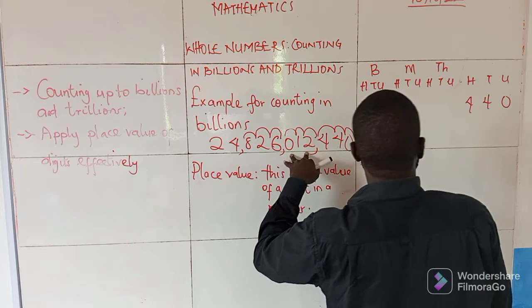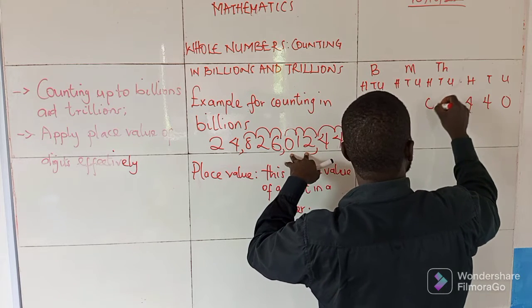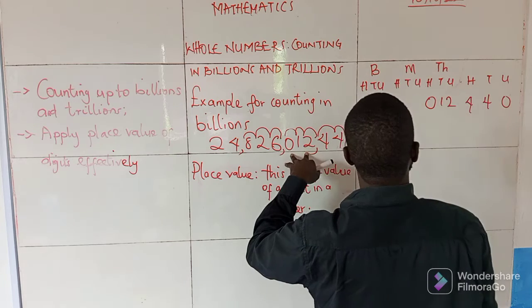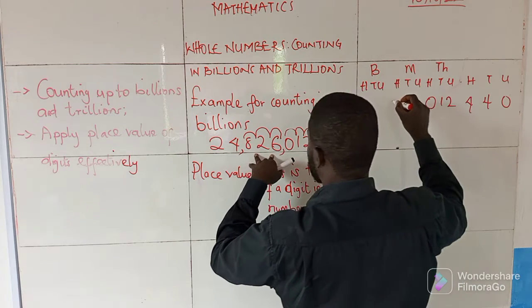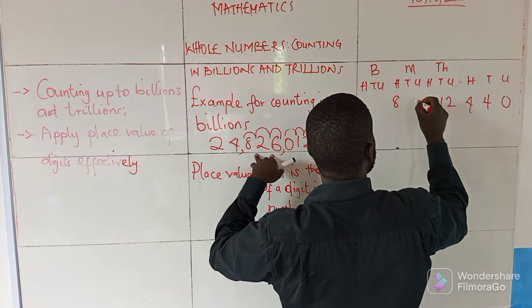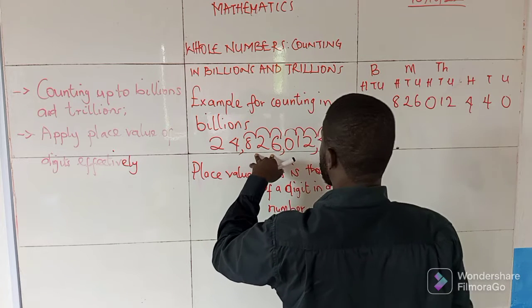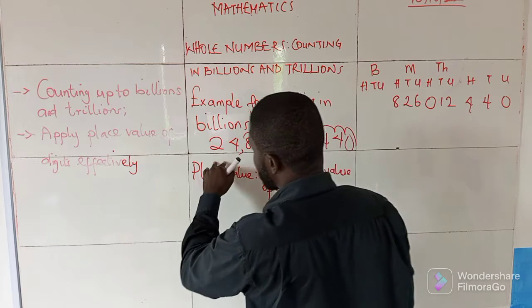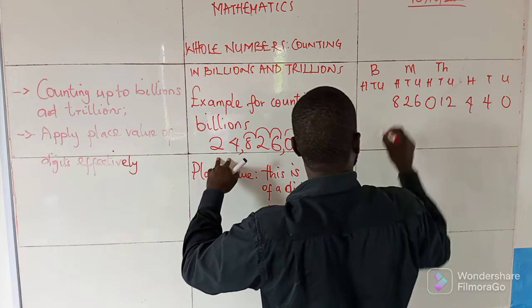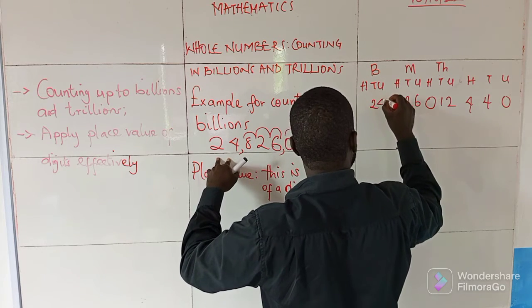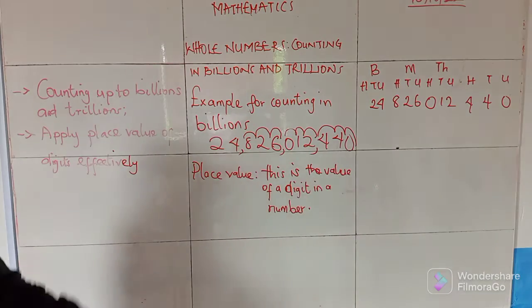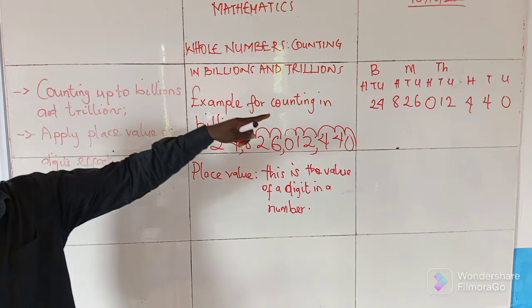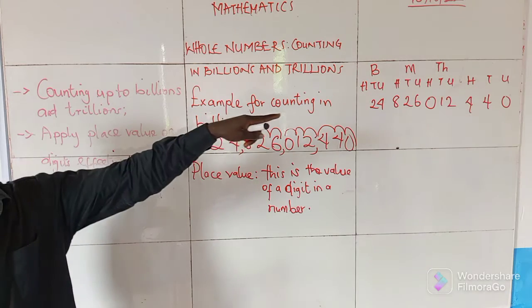The next 3 fall under this category, 0, 1, 2. The third 3 fall under this category, which is 8, 2, 6. And the last 2 digits, which is the fourth group, fall under the tens and units of the billion. So invariably, I have just successfully split the digits into their individual place values.